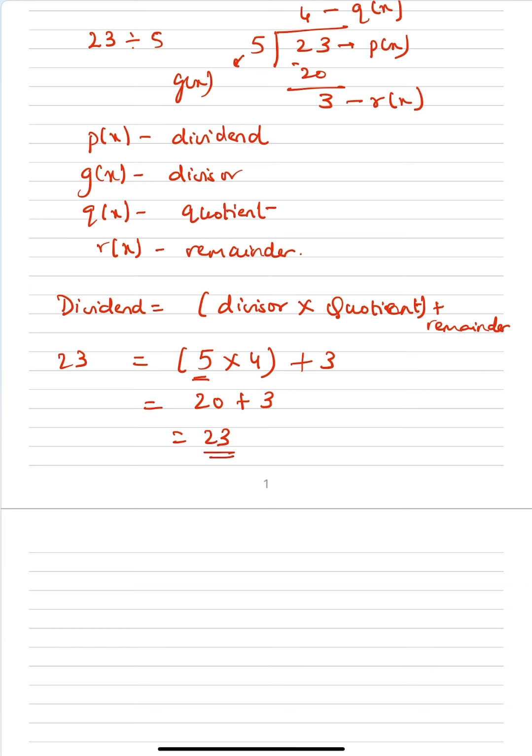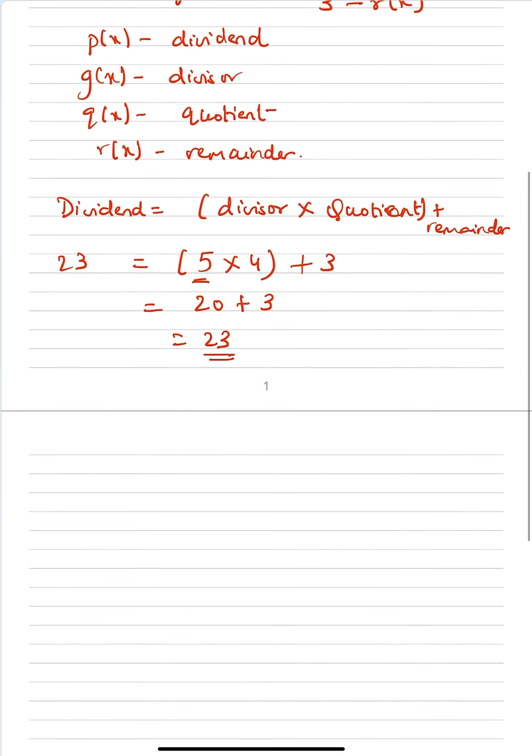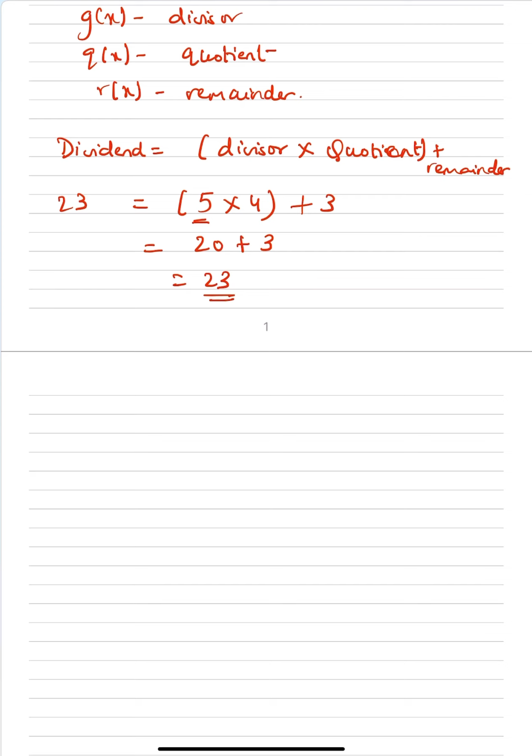This was a simple number. The same thing you have to do in the division of the polynomial. The only thing is p of x, q of x, r of x, these things which come, you think it is very hard, but it is not so.